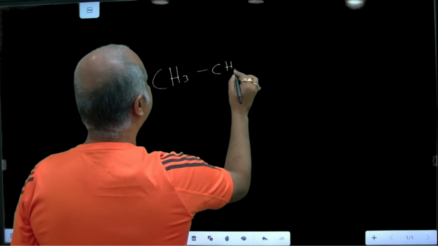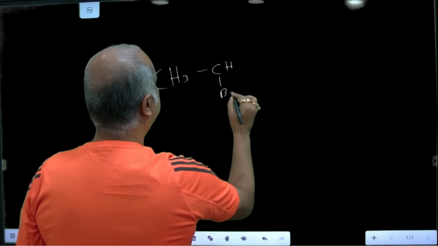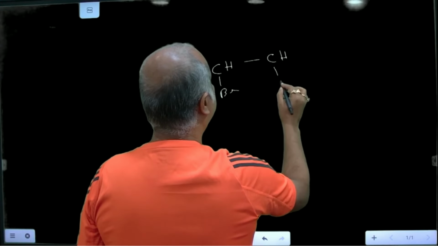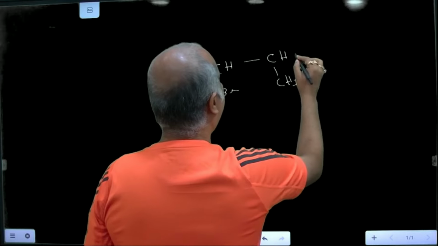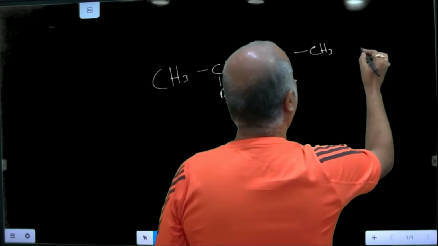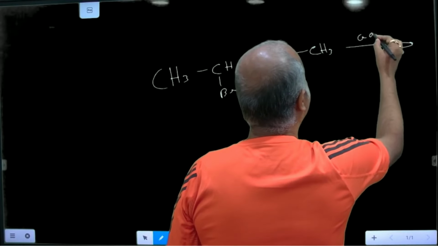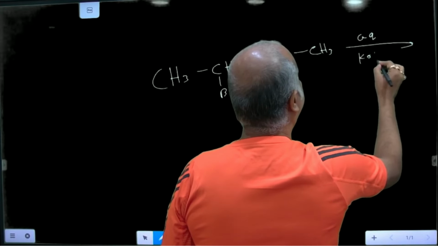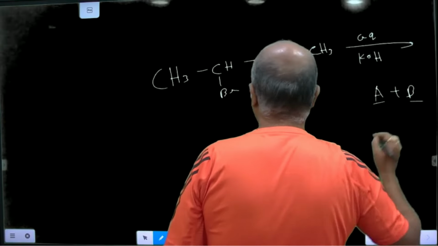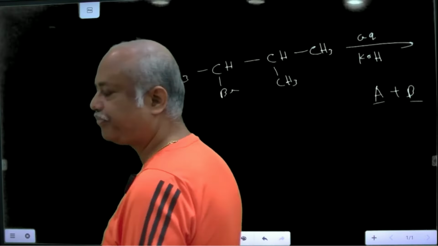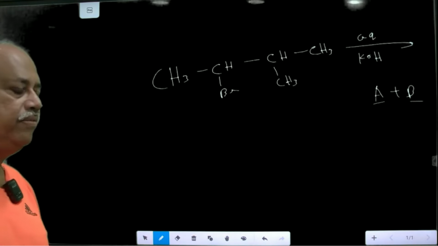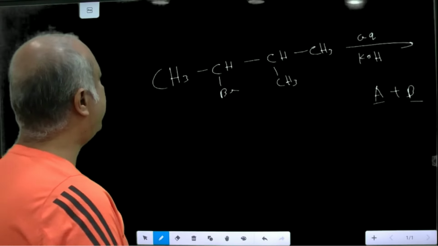CH3, CHBr, CH, CH3 and CH3, with aqueous KOH gives A plus B. When A plus B, that means major and minor.